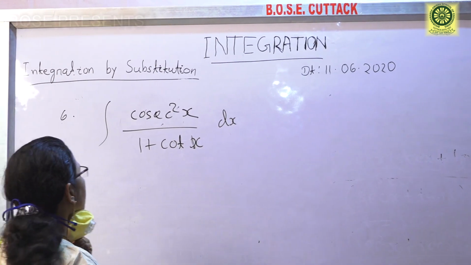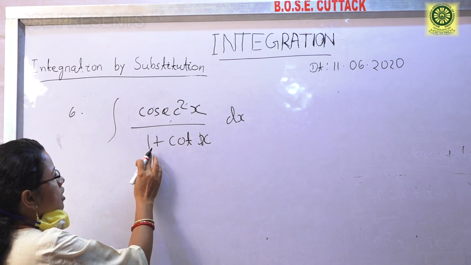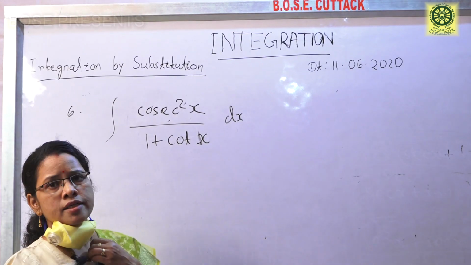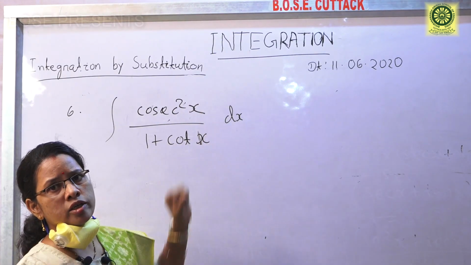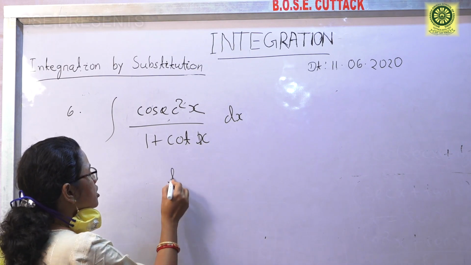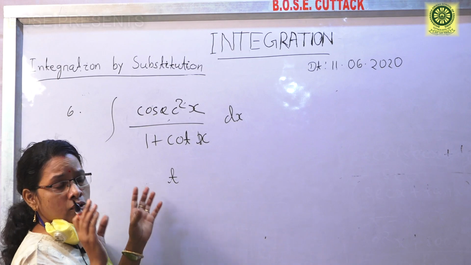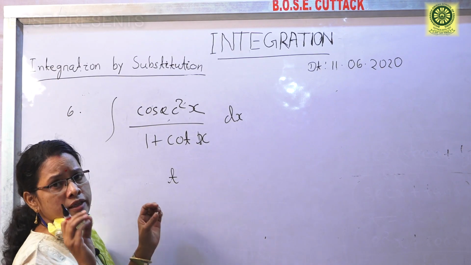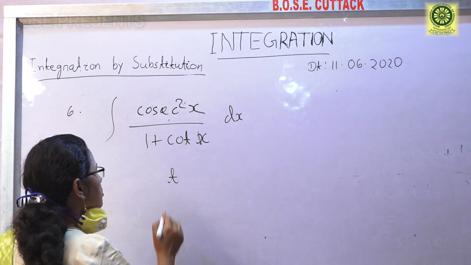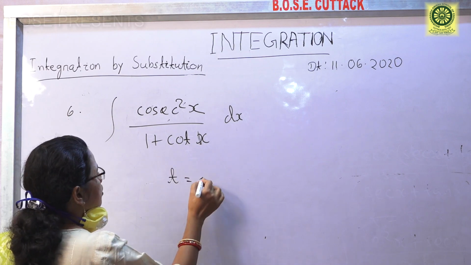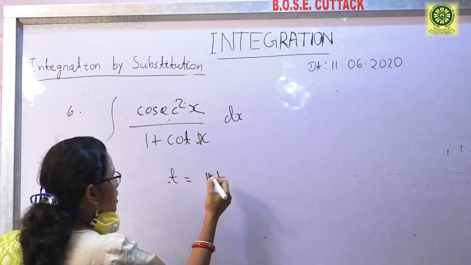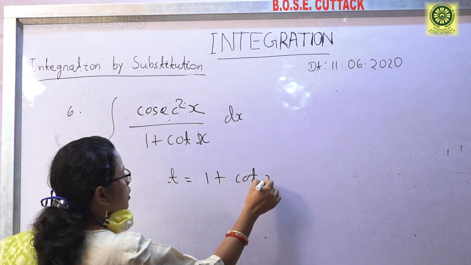Okay. Then here you can notice that the derivative of 1 plus cot x is minus cosec square x, which is in the numerator. So just substitute t. It is not necessary always to substitute t. You can take any variable like s, z. Okay. So here I am taking t. Substitute t for 1 plus cot x.